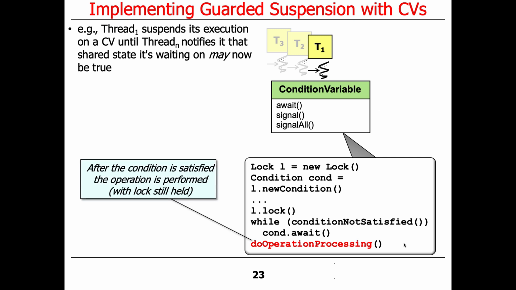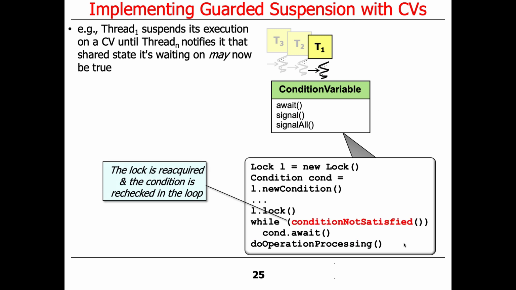If it's not satisfied, we go back to waiting again. Notice how the lock is always reacquired before we recheck the condition. So again, we're in a loop. Await releases the lock and waits, and when someone signals it, it reacquires the lock, and then the control flow goes back to the loop.